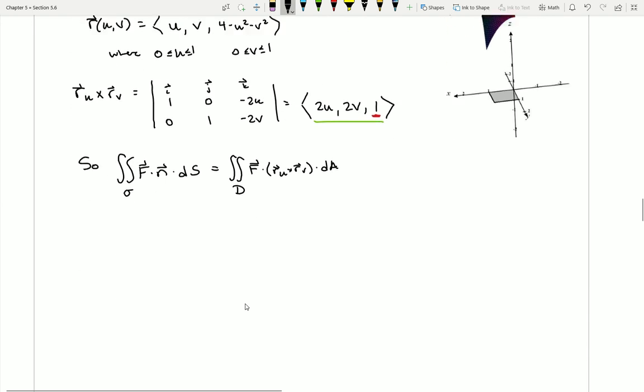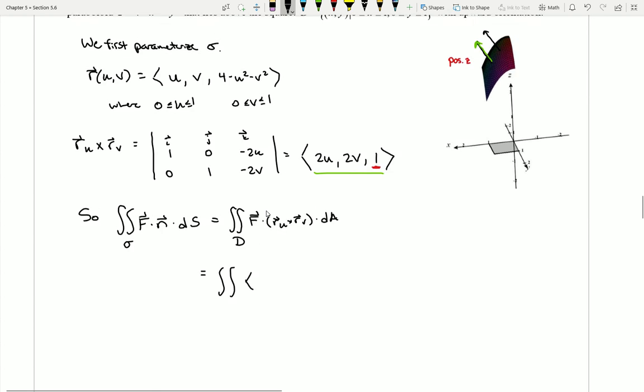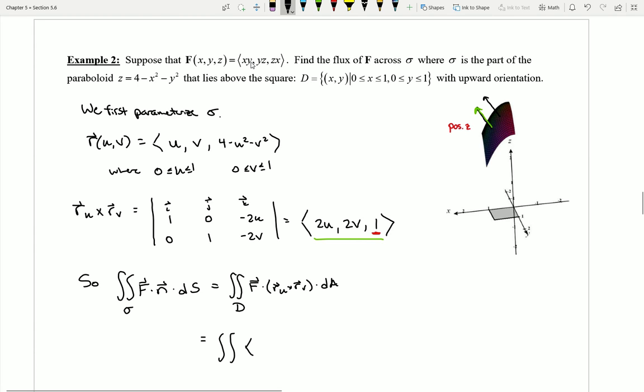And then I want to go ahead and make this full swap. Let's see, the vector f is a little bit complicated. Notice again that it's x times y. So if I go here, my x and y are u and v. So I'm going to have to change this to uv. Then I have to have y times z.